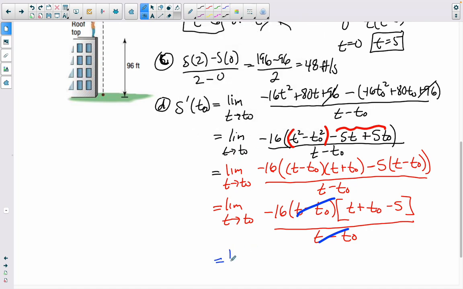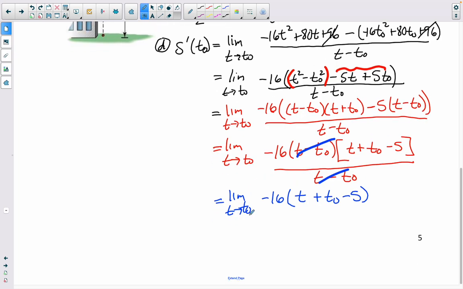And so now we have the limit as t goes to t naught of negative 16 t plus t naught minus 5. And now I can evaluate my limits. So I'm going to get negative 16 2t minus 5.